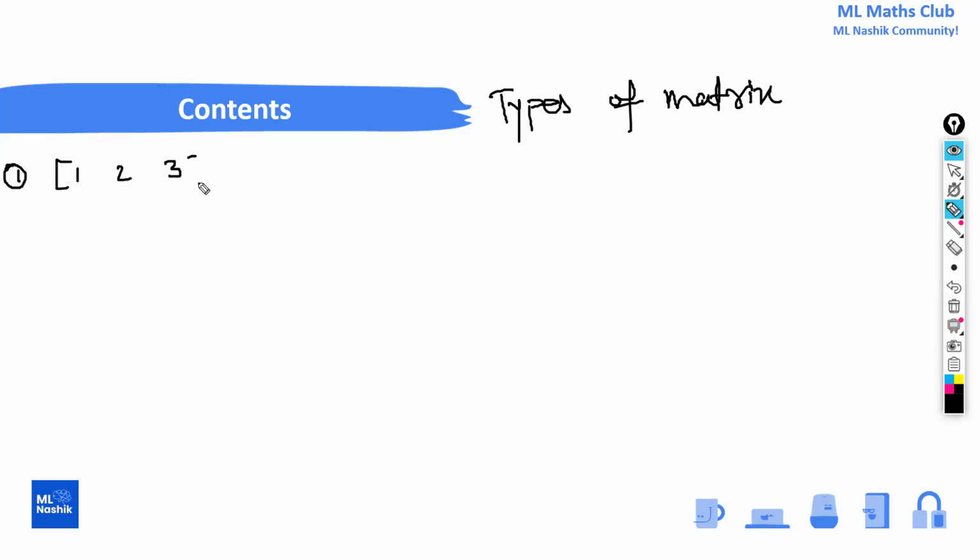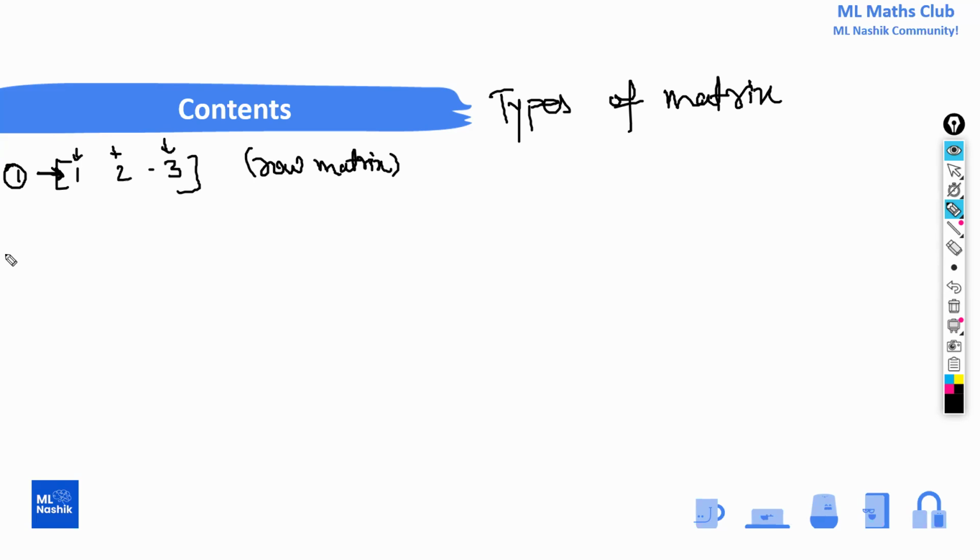Here you can see that there is only one row in this matrix. We have three columns, but all three elements are written in a single row. So this type of matrix is known as row matrix. If all the elements are arranged in a single row, then the particular matrix is known as row matrix.